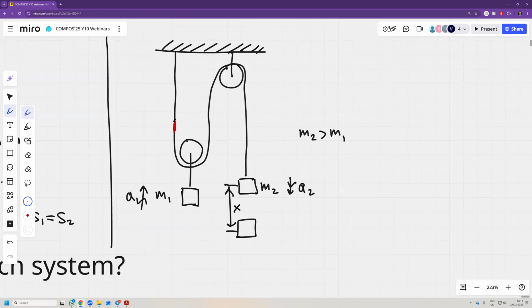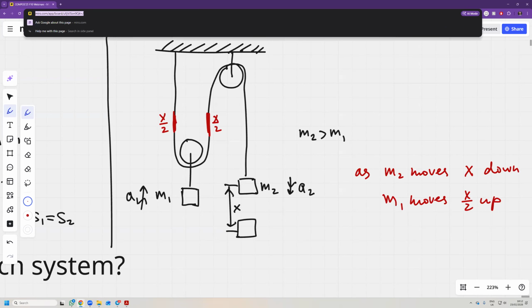So this rope uses x over 2 and x over 2. So as M2 moves a distance x down, M1 moves x over 2 up. That's the link.